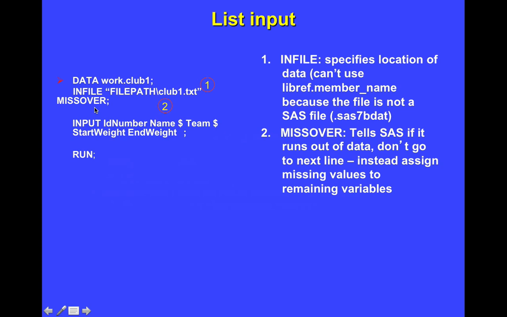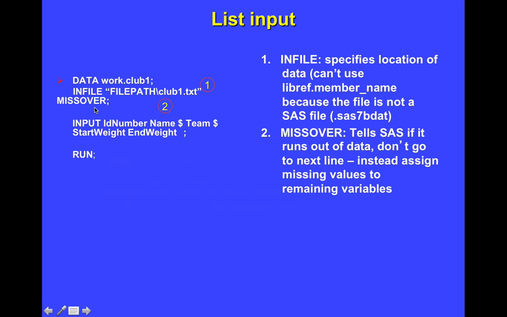So in epidemiological data, oftentimes we have missing data, and if a participant has missing data for a certain variable, what SAS would do without the missover statement is say, okay, I'm expecting a value for, let's say, blood pressure, but I don't see any actual values here in the raw file, so I'm just going to keep reading until I come upon a number and then read it into the blood pressure variable.